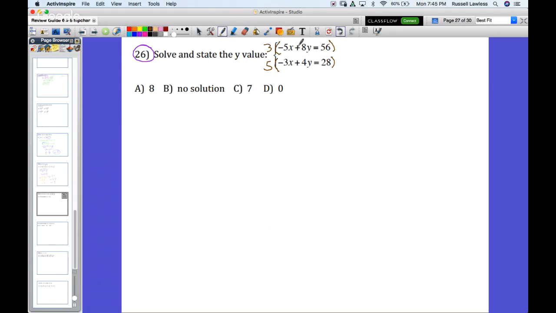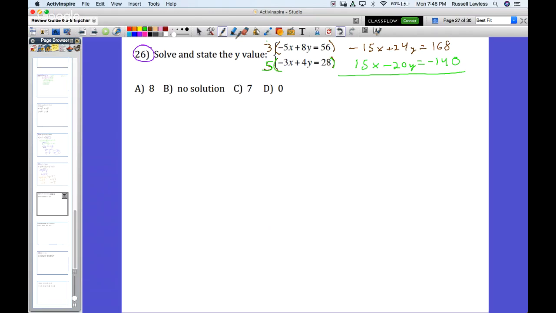So when I multiply the top part by 3, my new equation will be negative 15x plus 24y equal to 168. My bottom equation then, since we'll multiply this by negative 5, will give me 15x minus 20y equal to negative 140.